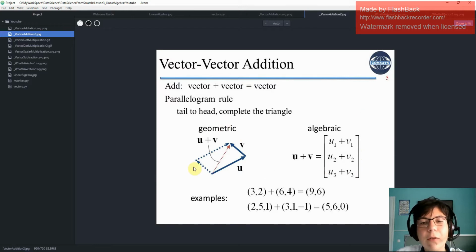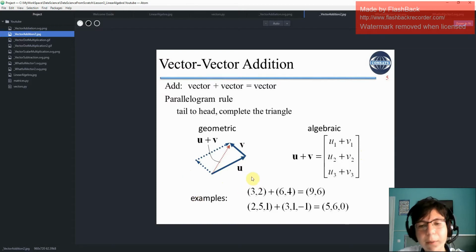And this is the geometrical representation. So this is the triangle rule, and if you think of it with a parallelogram, you also have the parallelogram rule, if you look at the whole image here.